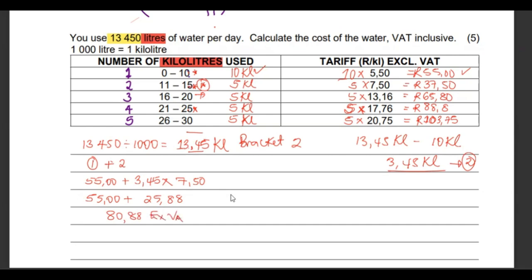But they want the answer to include VAT. What do we do next? We include VAT by multiplying by 1,15. And we shall end up having our answer as 93,1. It's 93 rands, 1 cent. That's what we do.